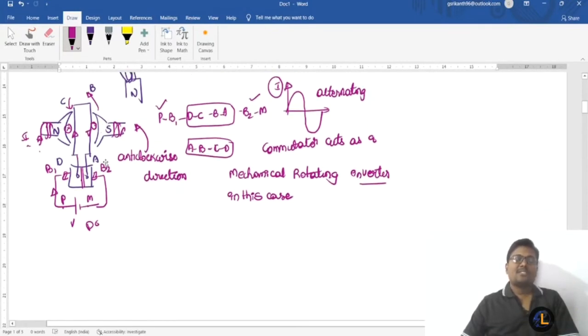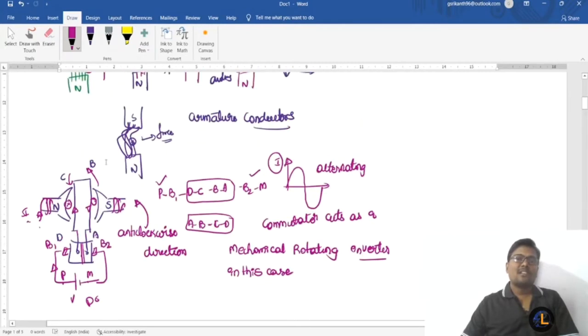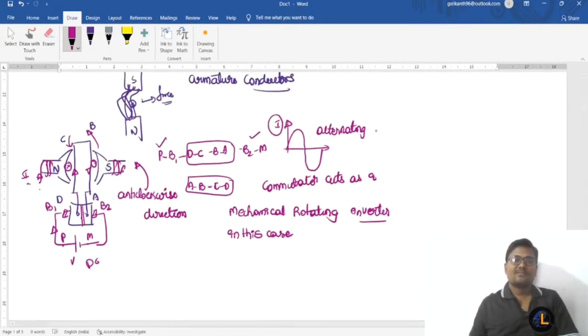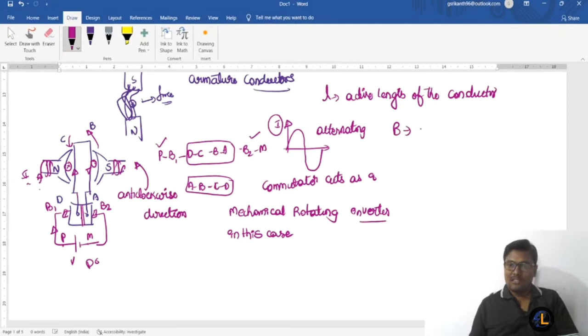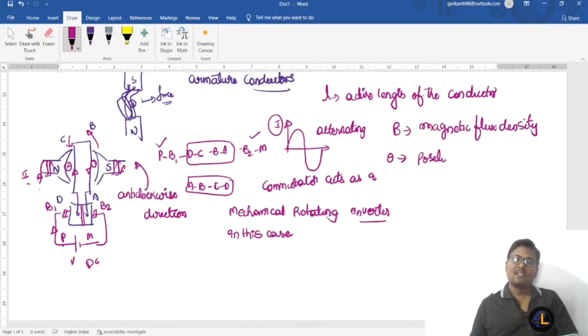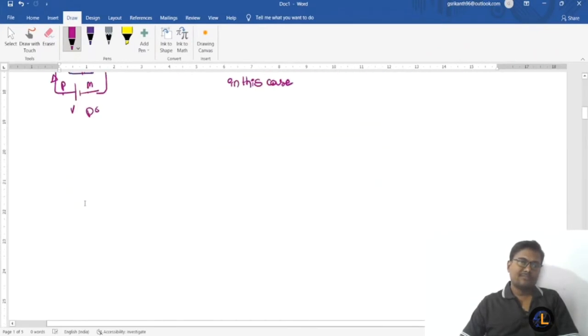The magnitude of the force is decided by the Lorentz force equation, where F is equal to BIL sin theta, where L is the active length of the conductor, B is the magnetic flux density, and theta is the angle between the position of the coil and the magnetic field.